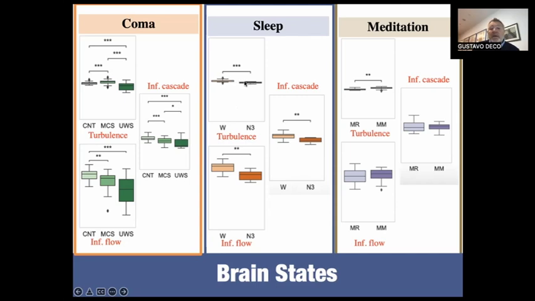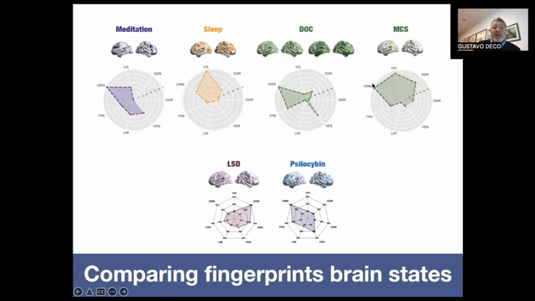The same happens in awake when you compare this with deep sleep, or even in much more subtle cases where the dynamics is just distinguished by the level of meditation. Even more, if you analyze the level of turbulence at the network level, again, for meditation, sleep, and the coma states, and here we added also other manipulations, which has to do with the experiment of Robin Carhart-Harris, where he administered to healthy subjects different types of psychedelics like LSD or psilocybin.